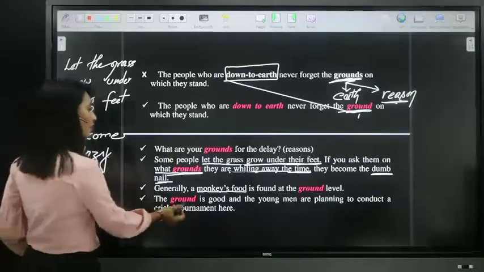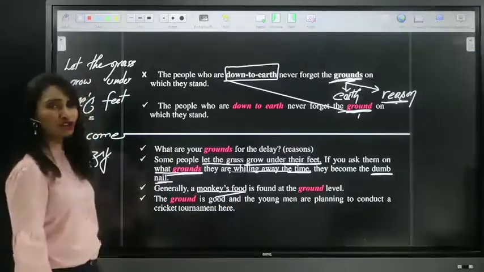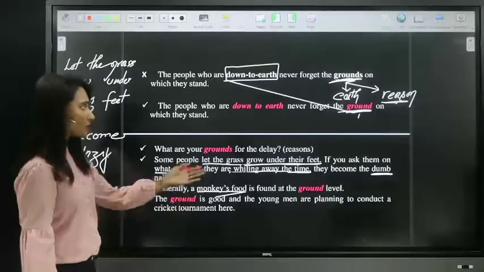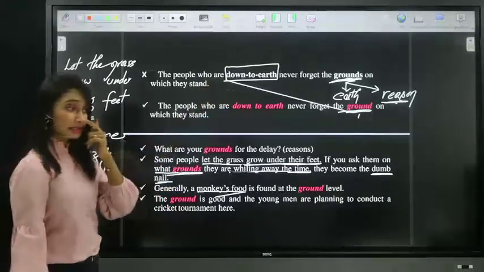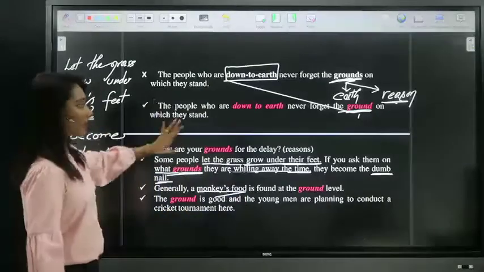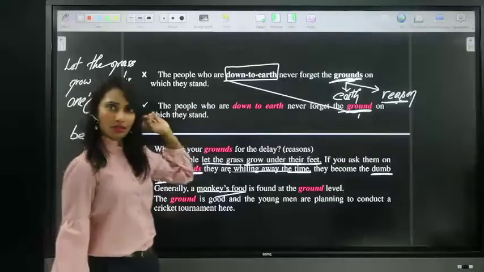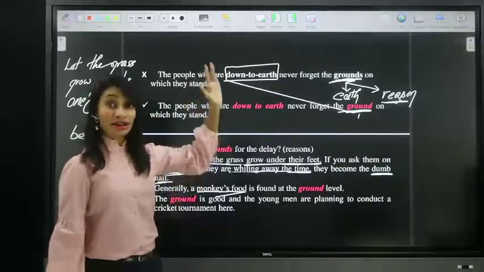Next, the ground is good and the young men are planning to conduct a cricket tournament here. Here we are talking about the first meaning, earth. The ground is good. Here we are talking about the earth. So that's about this sentence. I hope it is clear. Ground gives the meaning of earth as well as reason.